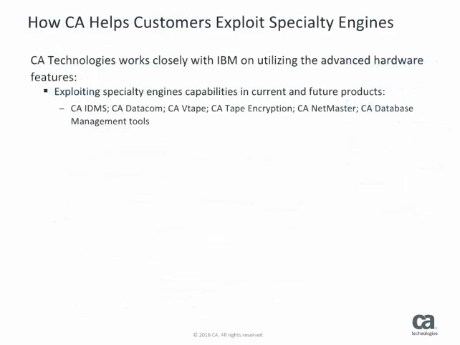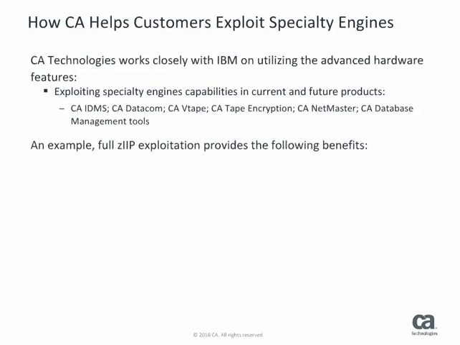Because CA Technologies works closely with IBM on utilizing the advanced hardware features, CA Technologies exploits specialty engines capability in both current and future products, such as CA IDMS, CA Datacom, CA vTape, CA Tape Encryption, CA NetMaster, and CA Database Management Tools.